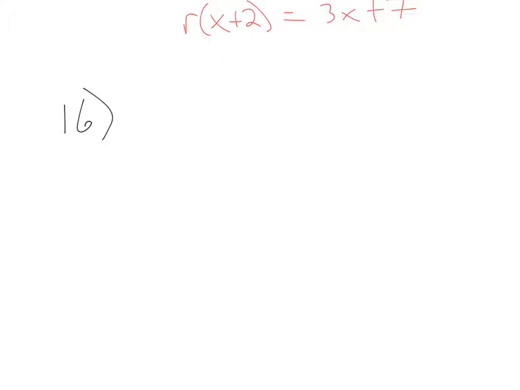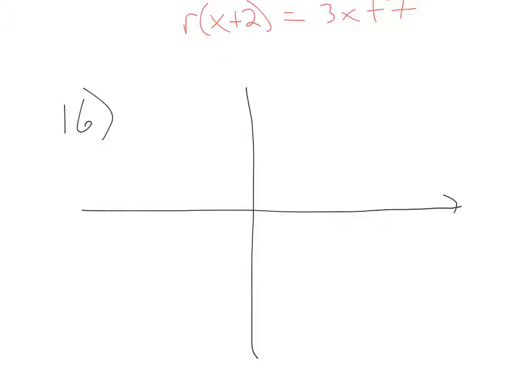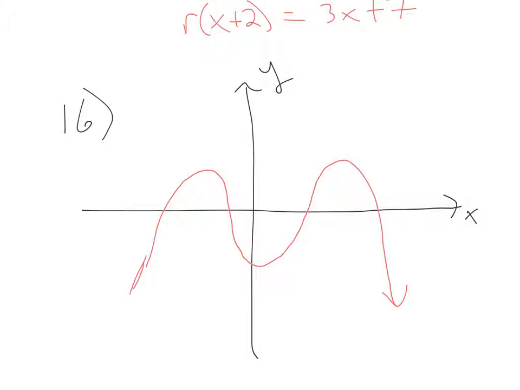Okay, number 16. I'm just going to draw a rough sketch of what 16 looks like. Here's my xy coordinate plane, and I've got a function that looks kind of like this. I'm not even really worried about the numbers right now. Okay, this is a polynomial, and we are asked to describe the end behavior first.